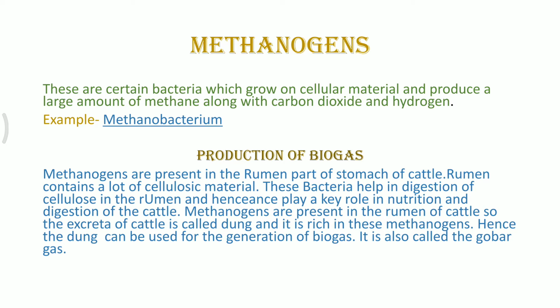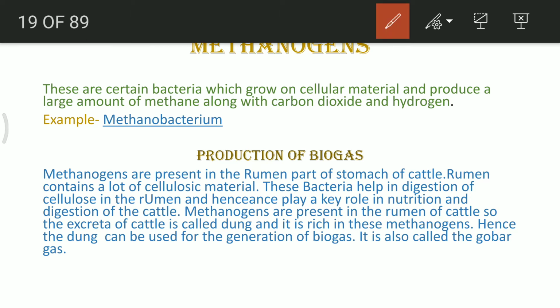But since the main food taken up by the cattle is grass or other plant products, for their nutrition it is important that the same plant product gives them proper energy. It can only be done if we are capable of digesting it with the help of an enzyme, which is cellulase.